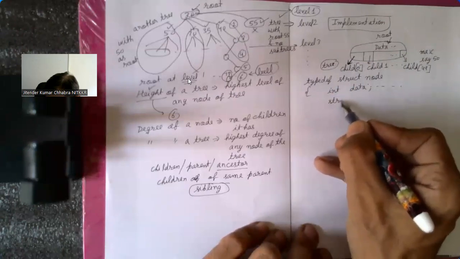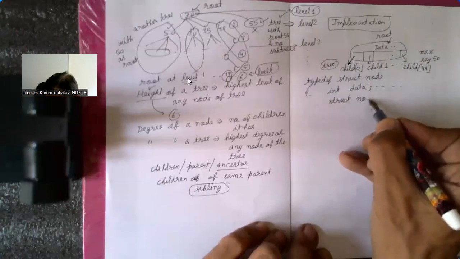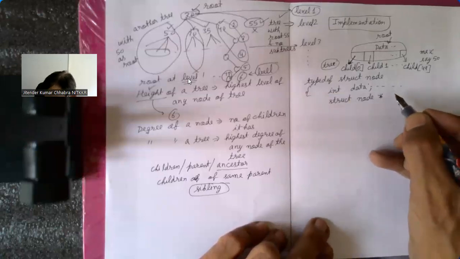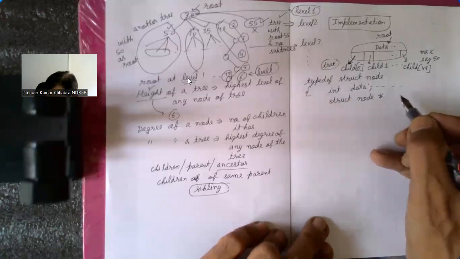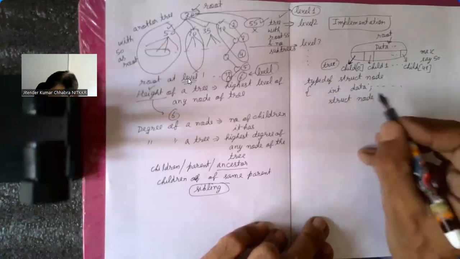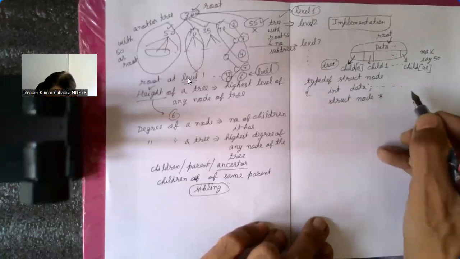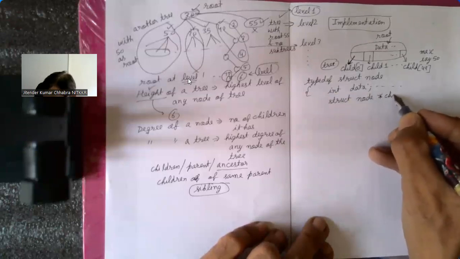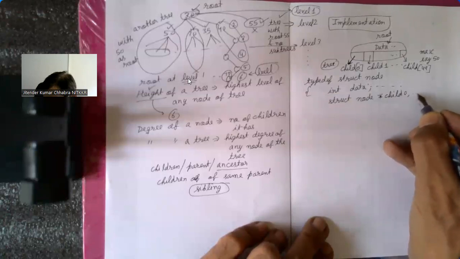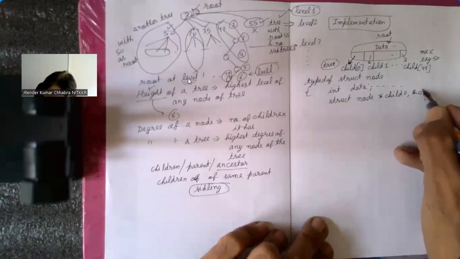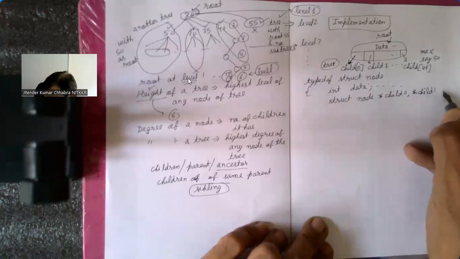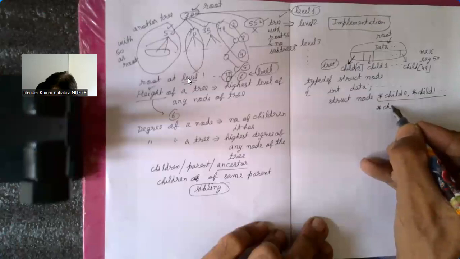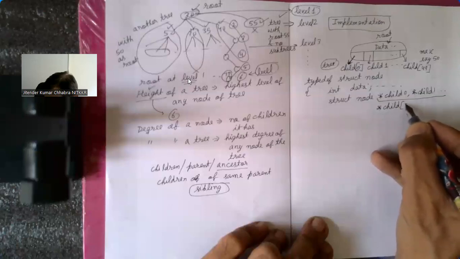Pointer means I need a struct node star. And I need a lot of children. Like in a doubly linked list, I have previous and forward, back and next. In a singly linked list, one; in a stack, I had back. Here I have a lot of children, child 0, child 1, child 2. Either I declare like this, or all this can be simply declared as an array of pointers.